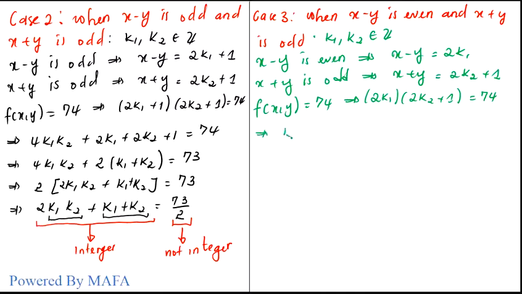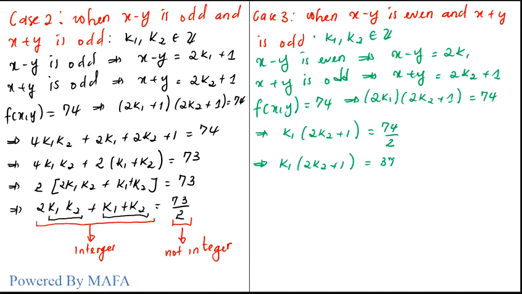This means that k1 into 2k2 plus 1 is equal to 74 divided by 2. Now this means that k1 into 2k2 plus 1 is equal to 37.